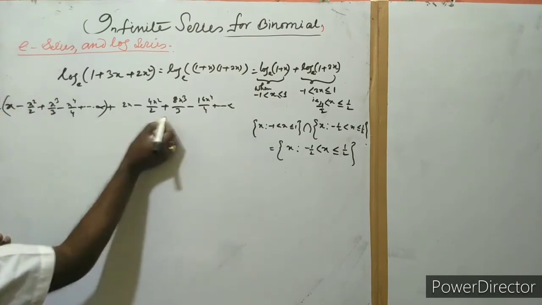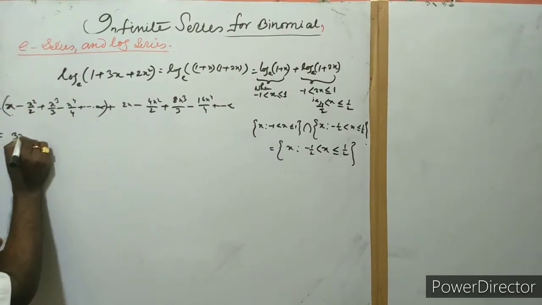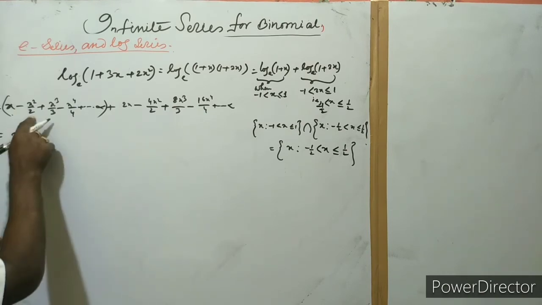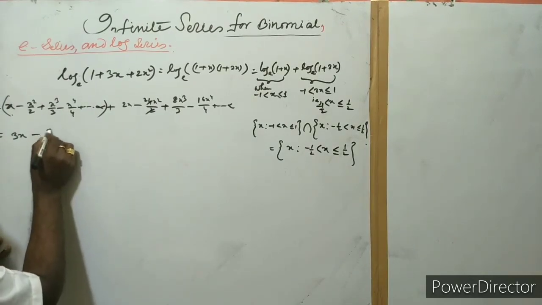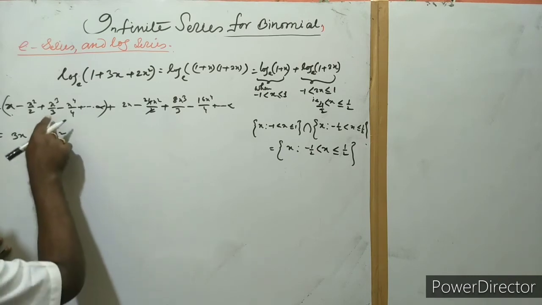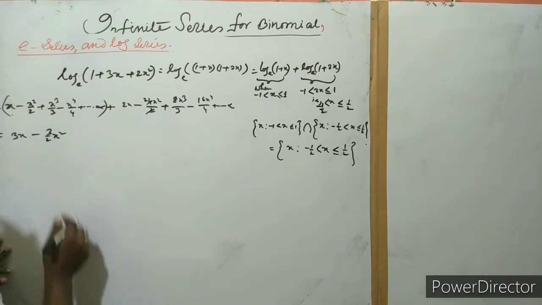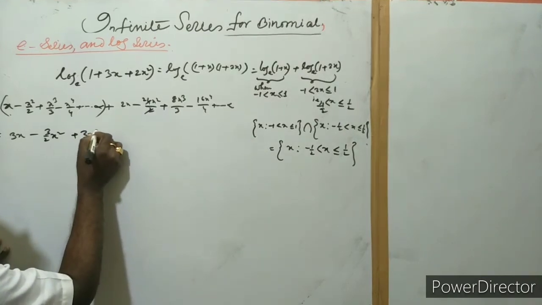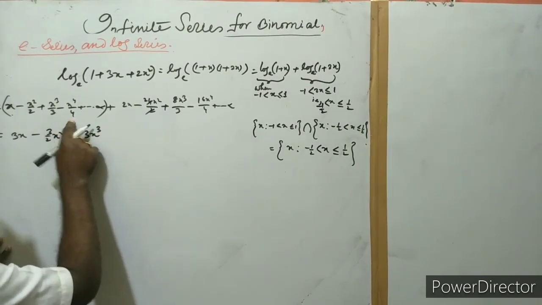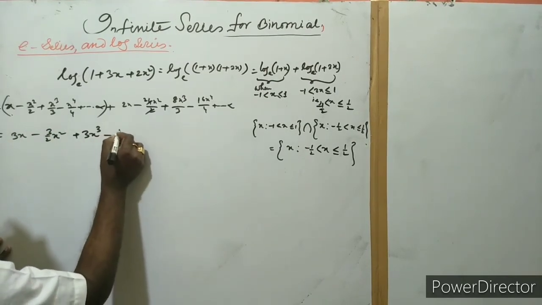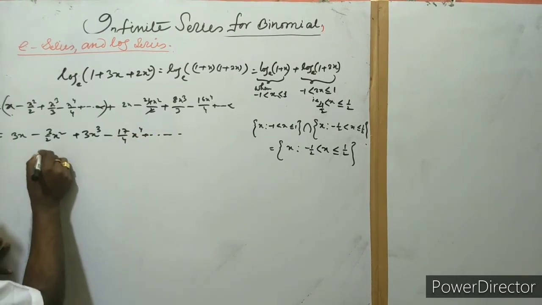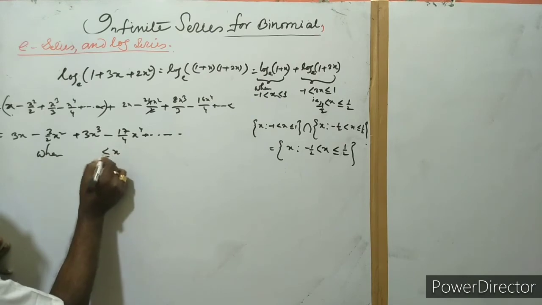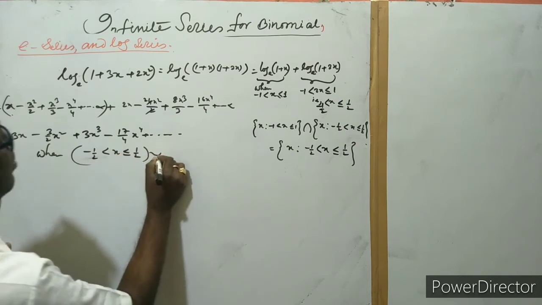Now if we add these two, x and 2x give 3x, and x square by 2 and 4x square by 2, their addition is minus 3 by 2 x square. Then 1 by 3 and 8 by 3 make 9 by 3, so 3x cube. Then 1 by 4 and 16 by 4 make 17 by 4 x to the 4. This is the expansion, and it is expandable when x lies between minus half and half.